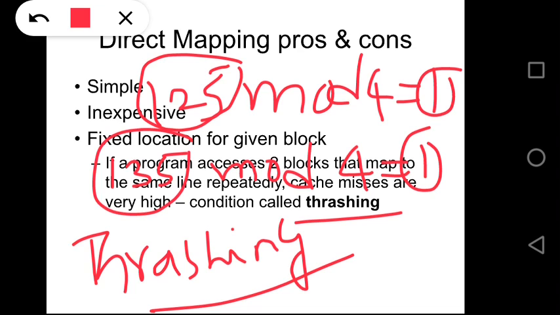With this, there will be a high number of cache misses. Remember, cache miss means if a word is not found in the cache. If the word is found in the cache memory, it is called cache hit. There should be very few cache misses compared to cache hits. But with direct mapping, there are chances of having more cache misses.